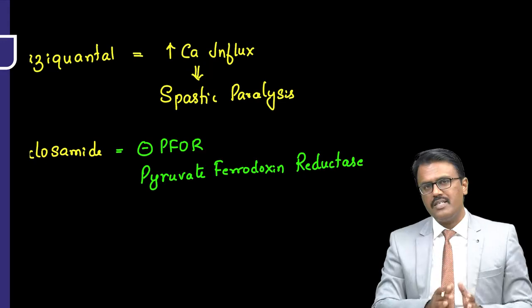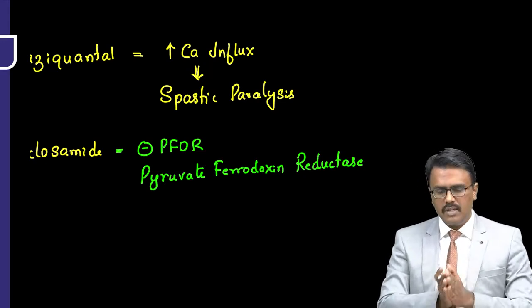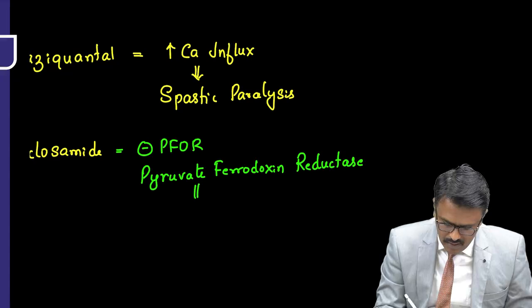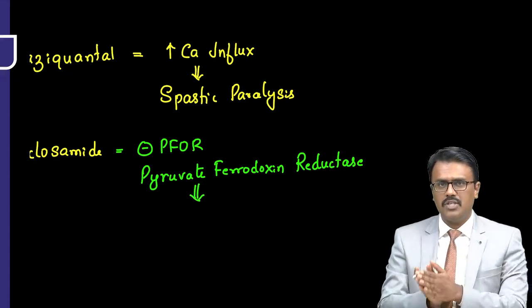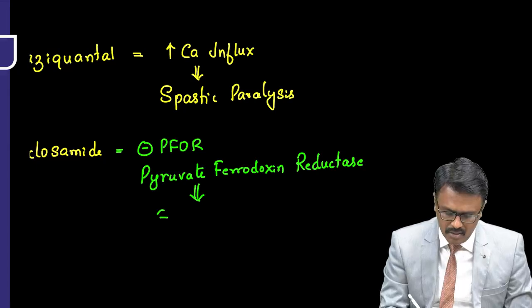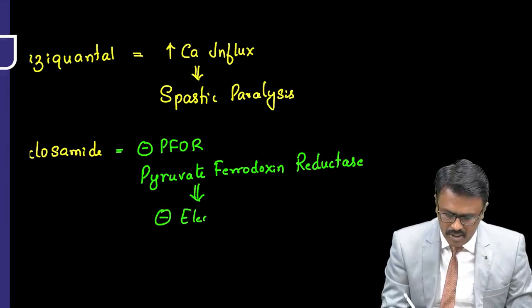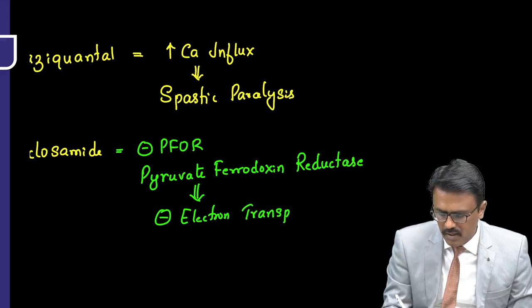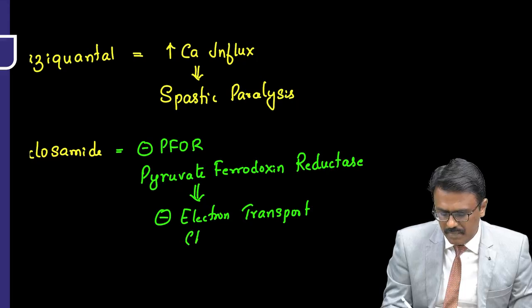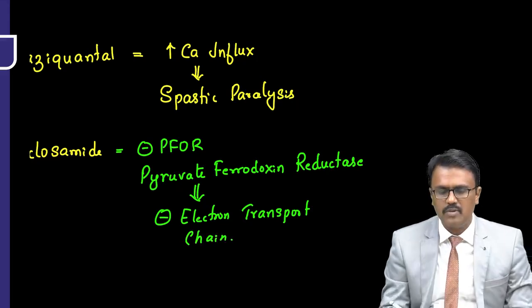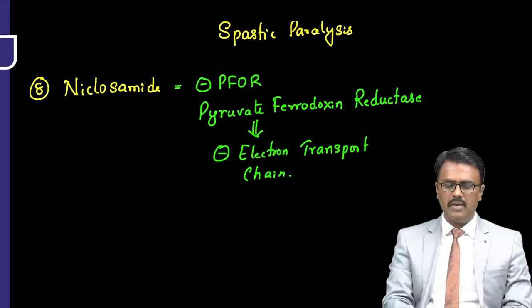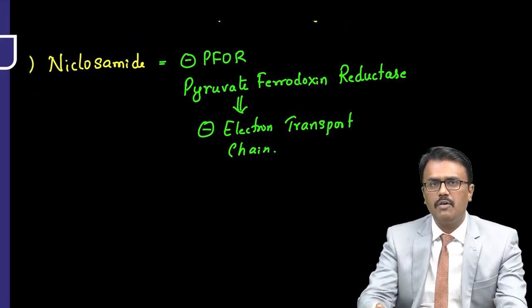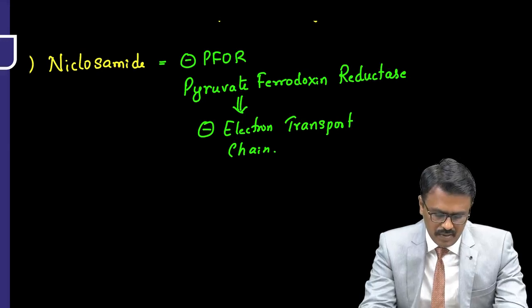PFOR stands for pyruvate ferredoxin oxidoreductase. Why is it required? This is required for the electron transport chain. If I inhibit this, there is inhibition of the electron transport chain. If you inhibit that chain, the energy process is hampered and the helminth is expelled out. So that is the mechanism of action of niclosamide, which inhibits PFOR.